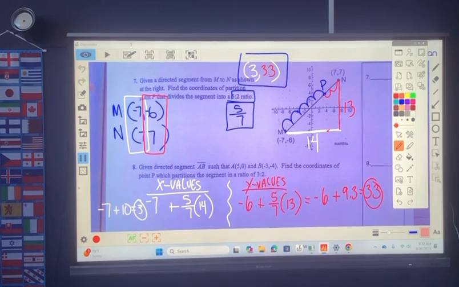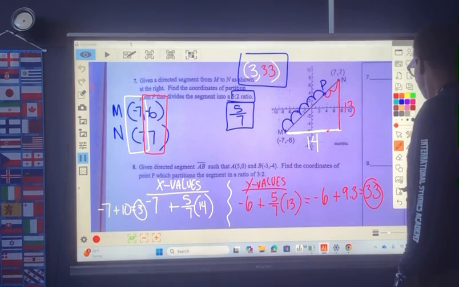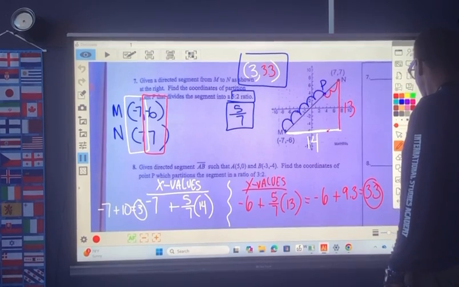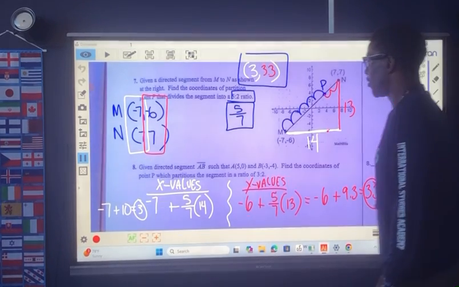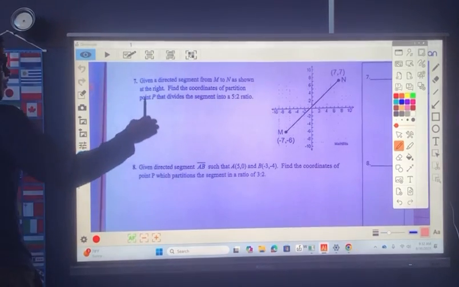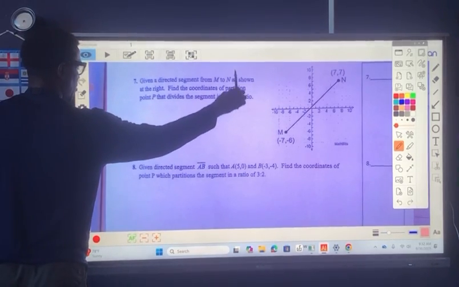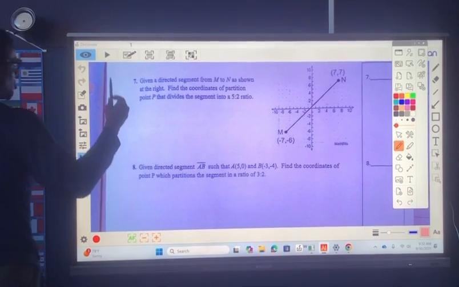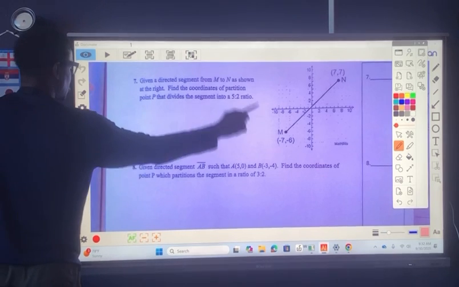Sliding to number 8. Now, looking at number 8, you're not going to have the benefit of a coordinate graph. They're just going to tell you the terms. That's how I showed you that you're going to have to learn how to do it without the graph.